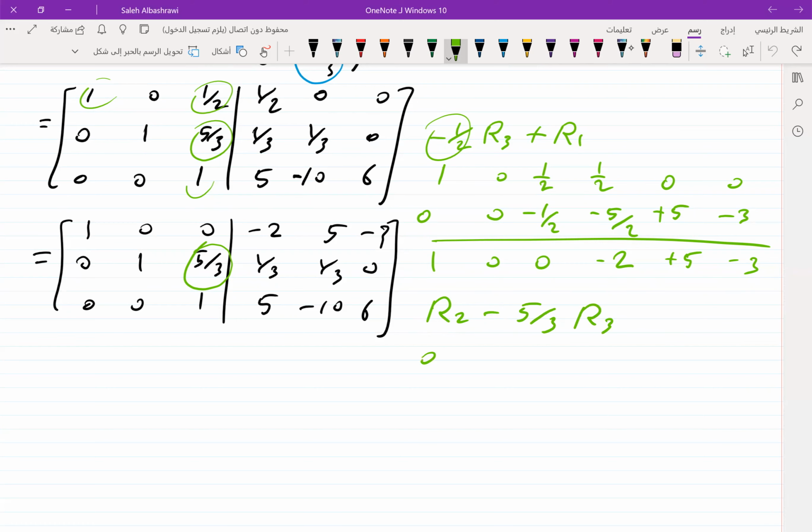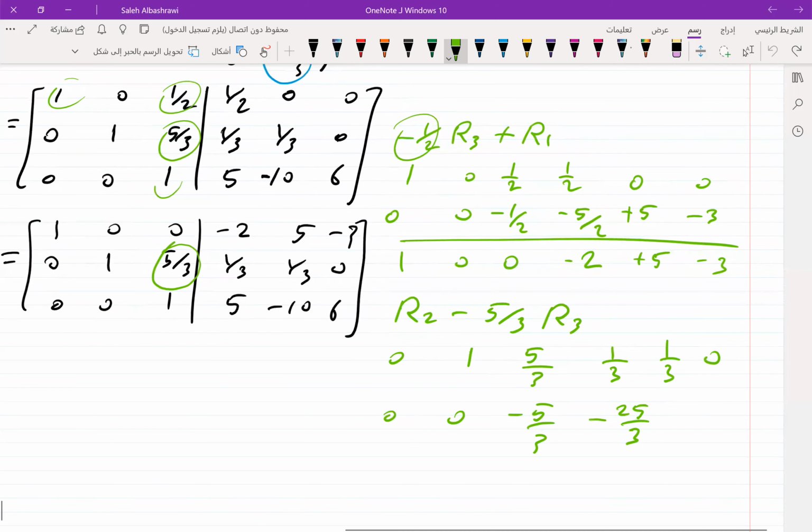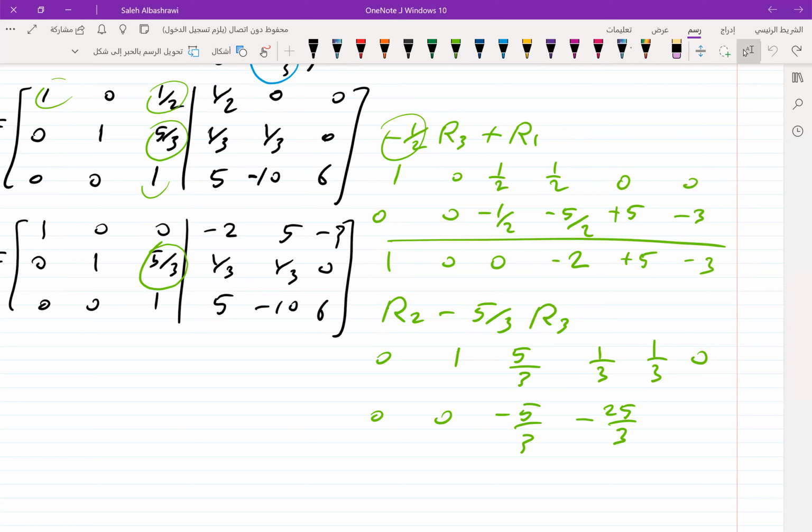R2 is given by 0, 1, 5/3, 1 over 3, 1 over 3, 0. R3 will be 0, 0, minus 5 over 3. This will be minus 25 over 3. And minus 10 times minus 5 is plus 50 over 3, and 6 will be minus 10.